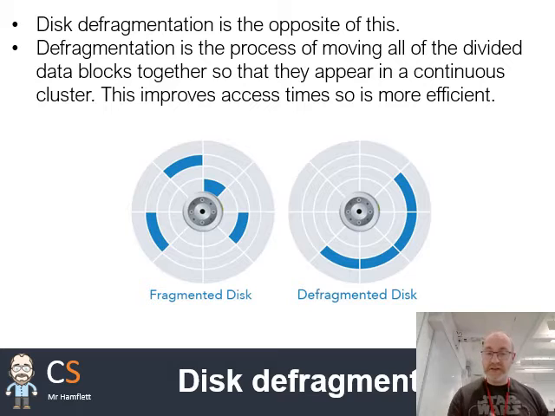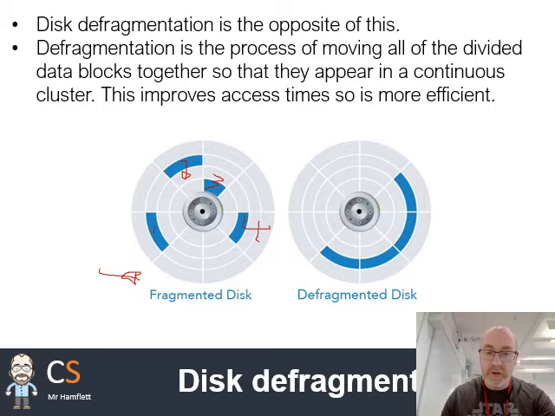As you can see on the left-hand side, we have a fragmented disk. The fragmented disk has a file which is broken into 4 parts. So imagine this is block 1, 2, 3, and 4. Now I would have to start reading here.